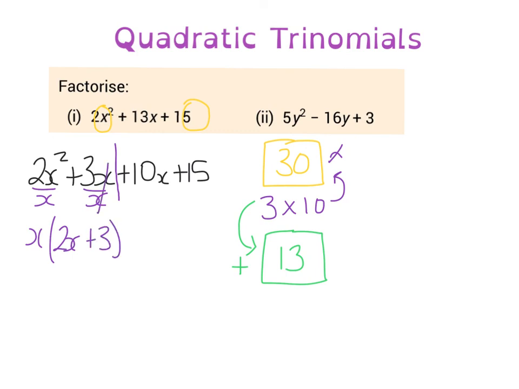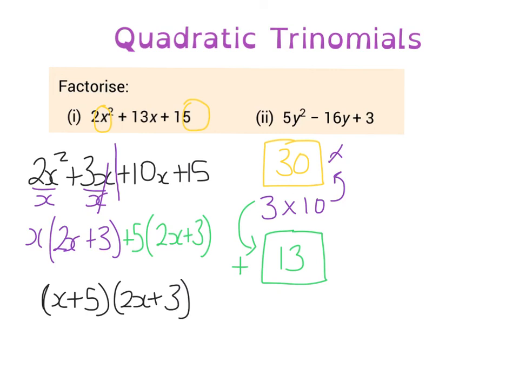And on the far side, I should have 2x plus 3 because my brackets must be the same. So my factor must be plus 5. And I rewrite them. Open my bracket, x plus 5 and 2x plus 3. And I have now solved that quadratic. Try and apply the same method to part 2.